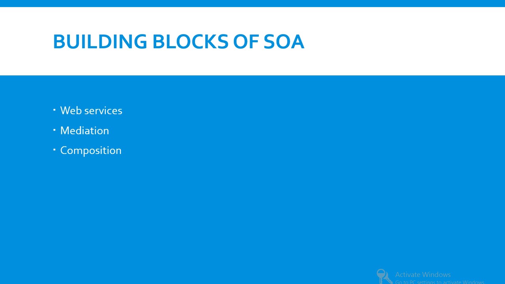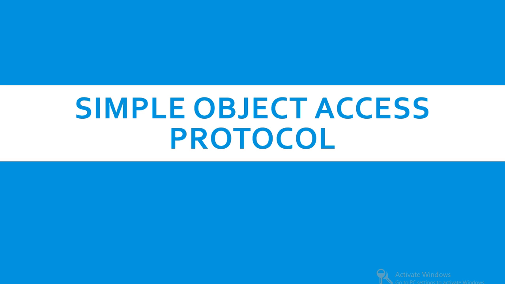The management or coordination of these business processes is governed by the process coordinator, which is the SOA middleware component associated with web service compositions. Simple Object Access Protocol, SOAP, can be considered the foremost messaging standard for use with web services. It is defined by the World Wide Web Consortium as well.